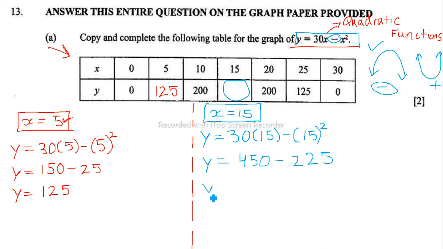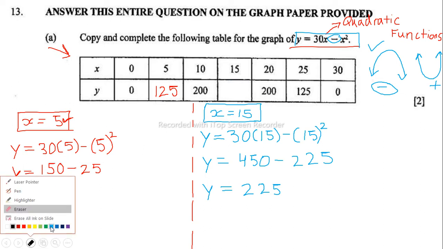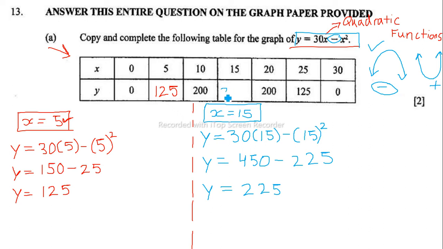And so y is going to be equal to 450 minus 225, which is simply 225. All right, so now we've completed the table.